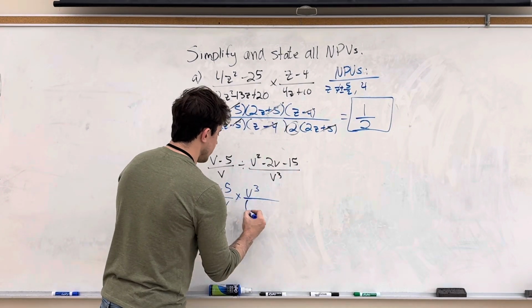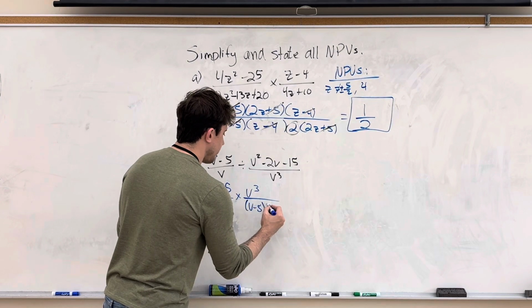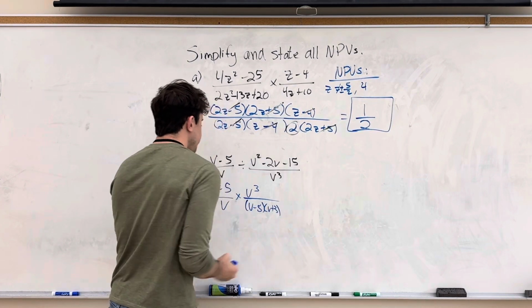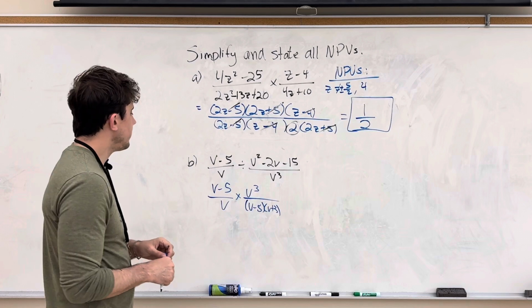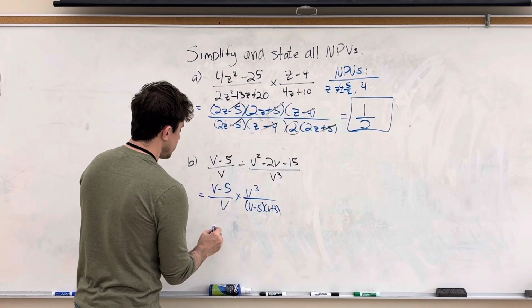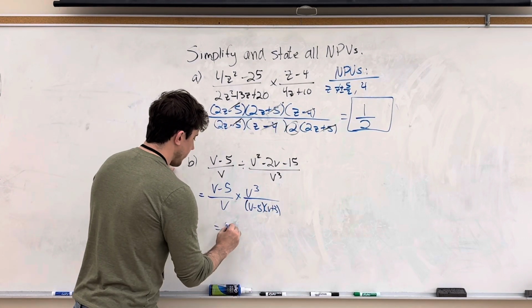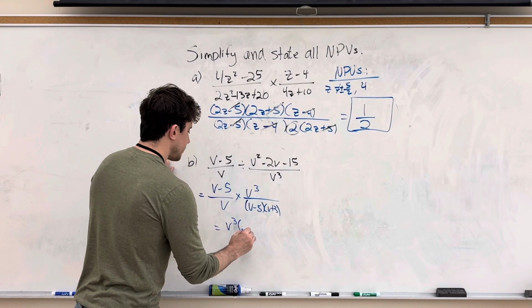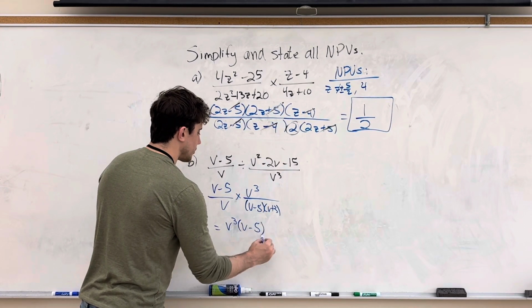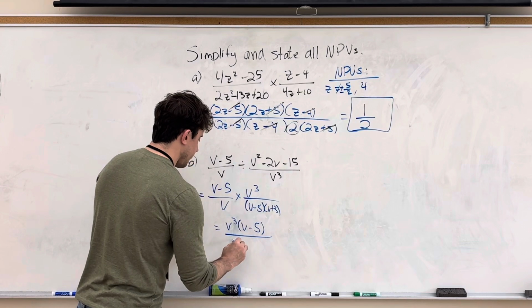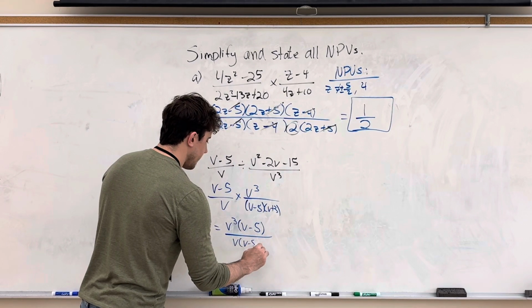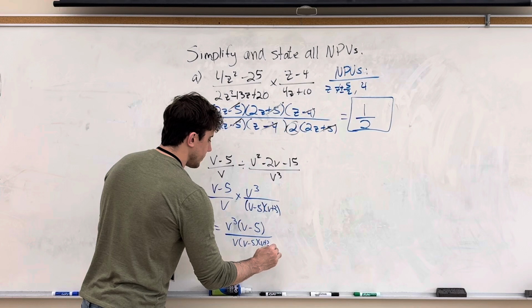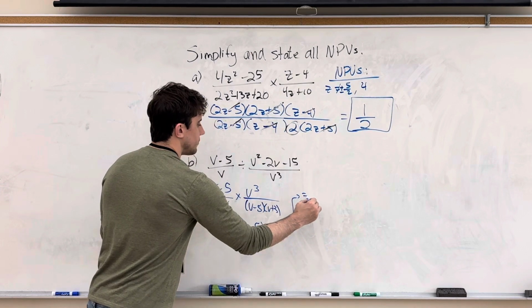This will factor as v minus 5, v plus 3, right? And now we know that this is being multiplied, and so we can group everything over one common rational expression. And so we have v times v minus 5 times v plus 3.